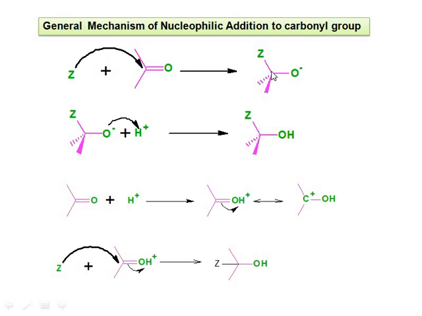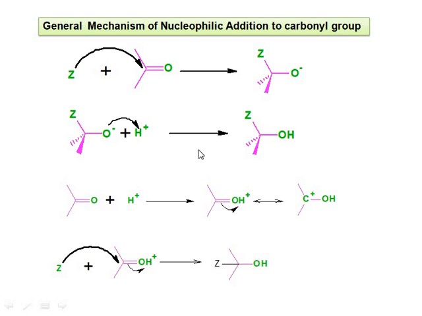Therefore the nucleophile Z attacks this carbonyl carbon and forms a negative charge on oxygen. So this is a negative charge on oxygen, a phenoxide-like ion, and then this O minus can pick up a proton from H plus, like an acid, to form the OH, right?